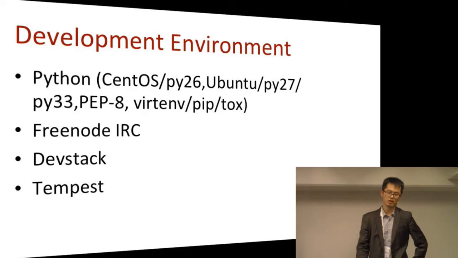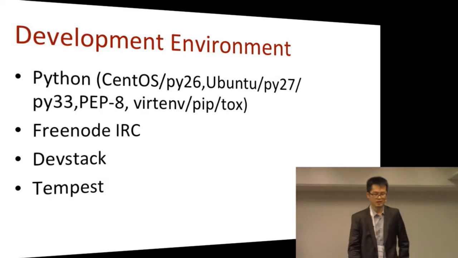Okay, the Freenode IRC, they depend heavily on Freenode. Sometimes if you can't get an answer fast enough from the mailing list, you can just ping a core reviewer or even a PTL to get your problem resolved. And DevStack and Tempest. DevStack is what they use to bring up the environment, and Tempest is their test suite.